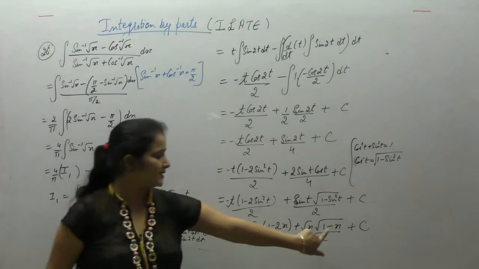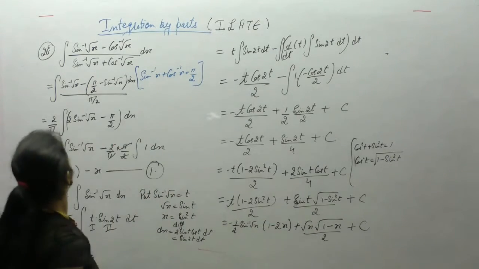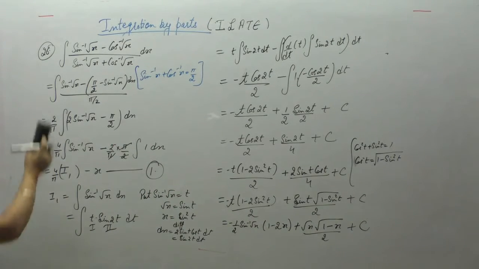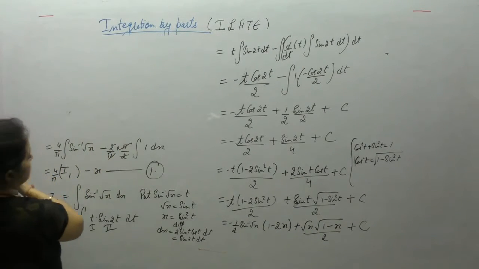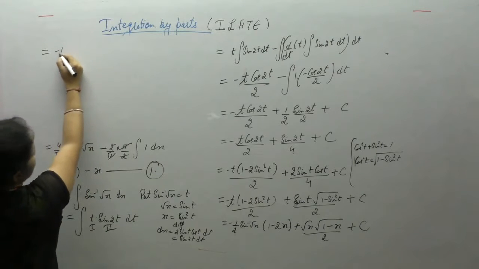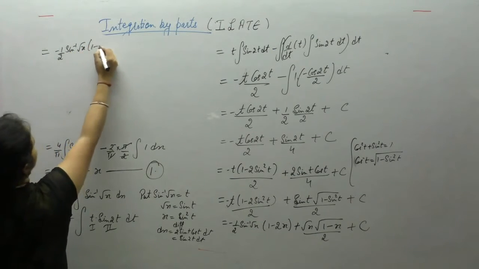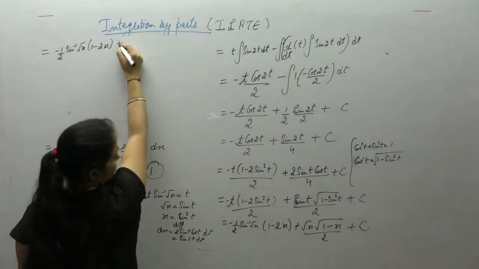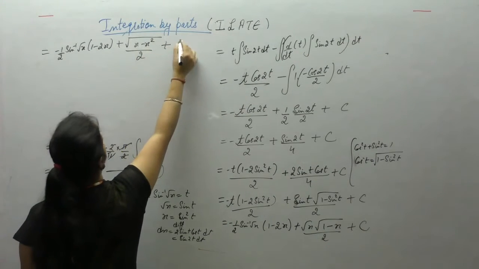Both these terms are in square root, so we can multiply them. Minus 1 by 2 sine inverse square root of x into 1 minus 2x plus square root of x minus x square by 2 plus c.